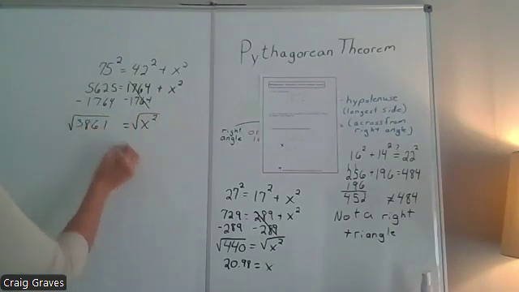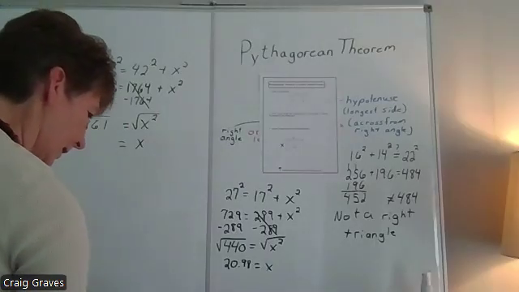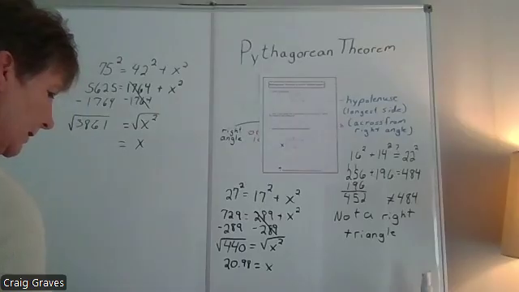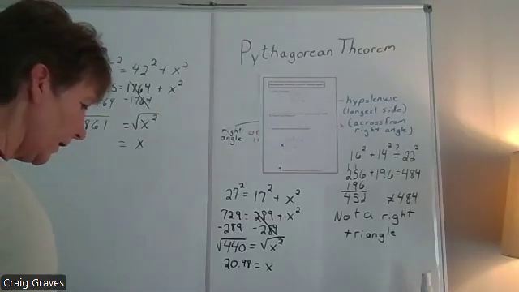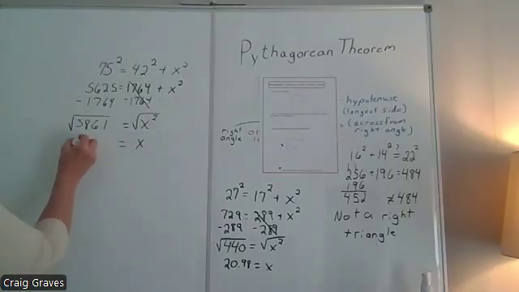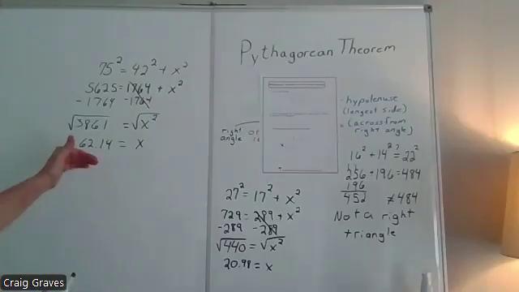So we need to take the square root here. Now the square root and the squared cancel out and give us x there. And the square root of 3,861 is about 62.14. Now these don't come out even. You'll see on the calculator, they don't come out exactly even, but you're going to round to 2 decimal places.